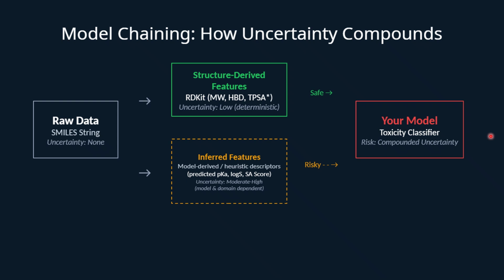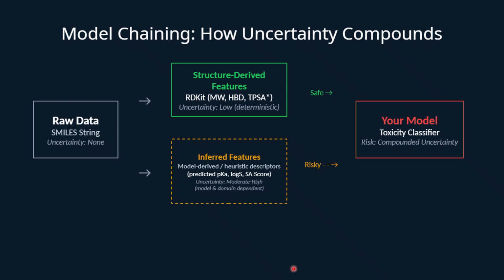From that structure, we compute basic descriptors such as molecular weight, hydrogen bond donors, those kinds of things. So these calculations are deterministic. Given the same structure and method, the result is always the same. So their uncertainty is low.